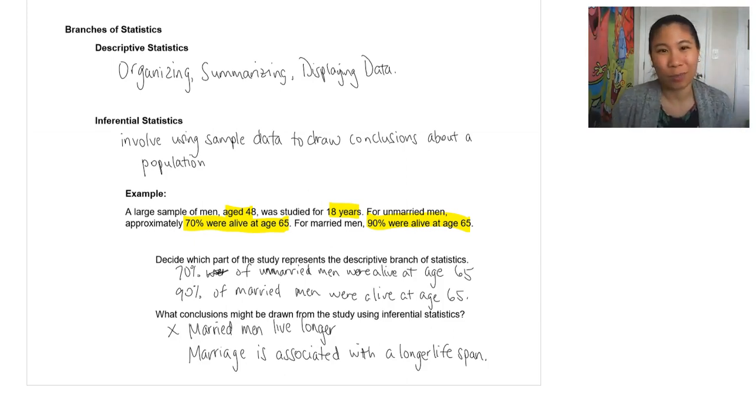Married people, I'm hoping, are happier, and happier people tend to live longer because they're less stressed and maybe have healthier habits, since married people encourage each other to be better versions of themselves. So we don't want to say that one causes the other, but we can say there's a pattern, something that we observed, and this is the conclusion that we could potentially draw from it.